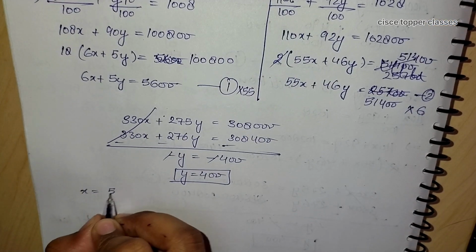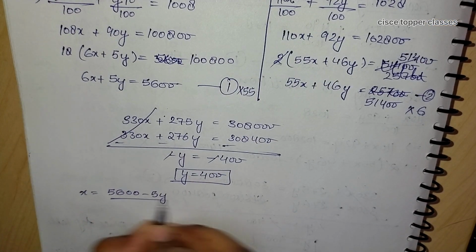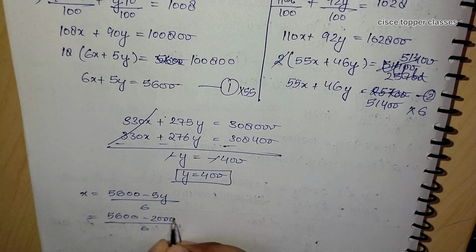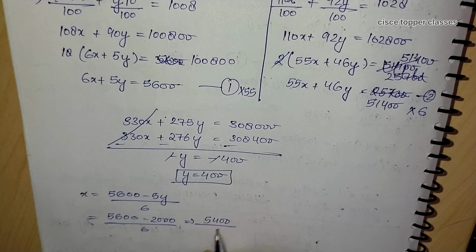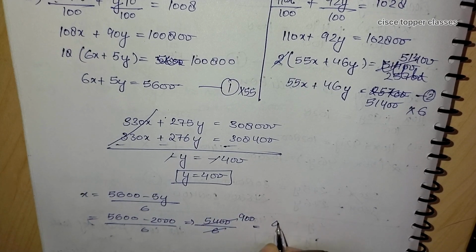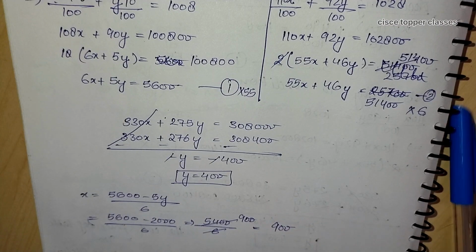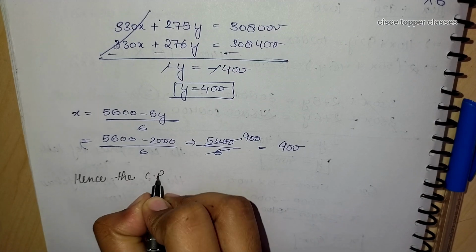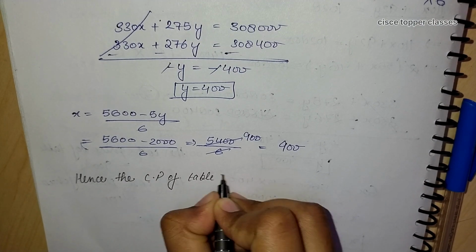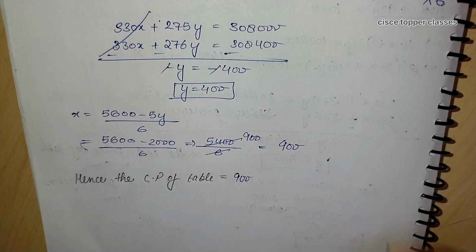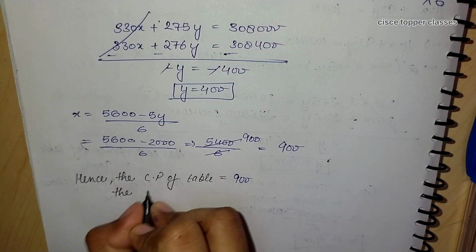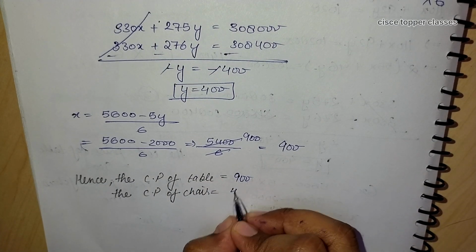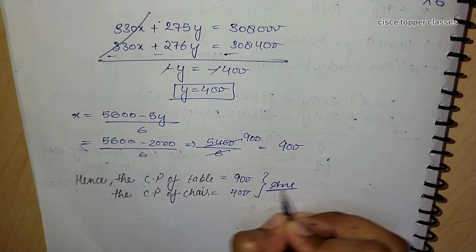So x is equal to 5600 minus 5y divided by 6, so 5600 minus 2000 divided by 6 is equal to 3600 divided by 6, so 600. Hence, we can write the cost price of the table and the cost price of the chair is 400. So this is the final answer in this question.